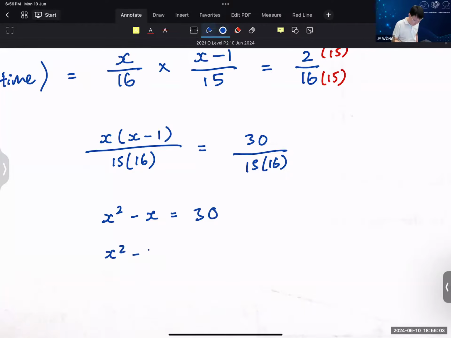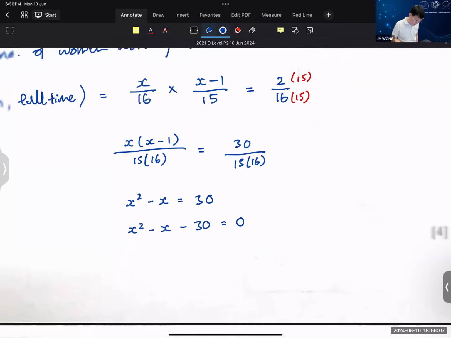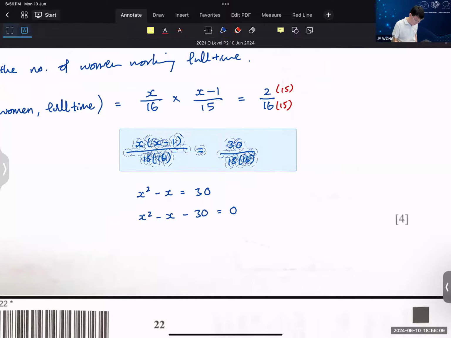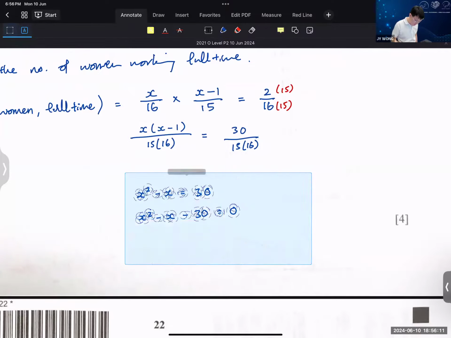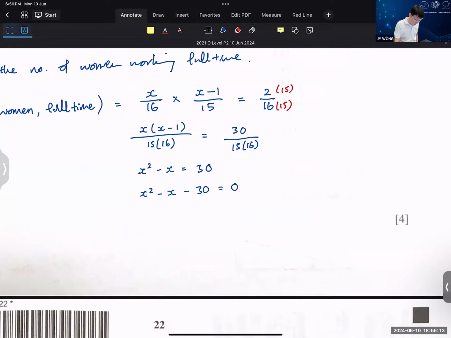X squared minus x minus 30 equals to 0. So factorize this, you will get 6 and 5.